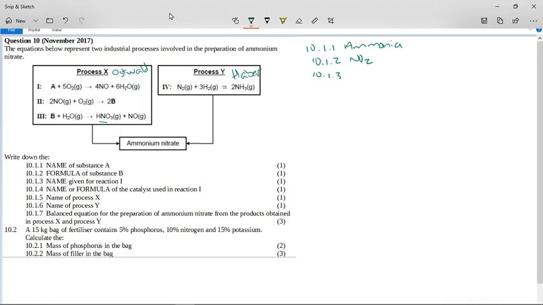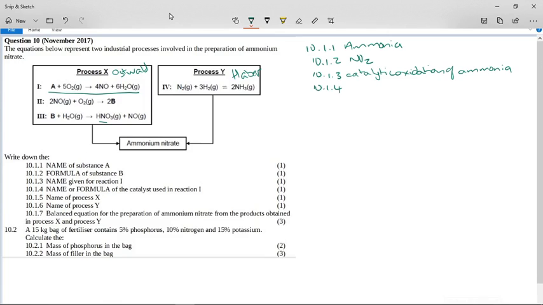Then it says to you, what is the name given for reaction 1? So this is reaction 1. This reaction is when we react ammonia with oxygen. And we usually do it in the presence of a catalyst, so it's the oxidation of ammonia, but we're going to call it the catalytic oxidation of ammonia, because that's what it is when you learn it, like a parrot, from all the details that you've been given.